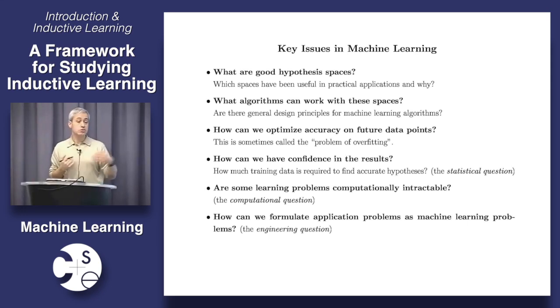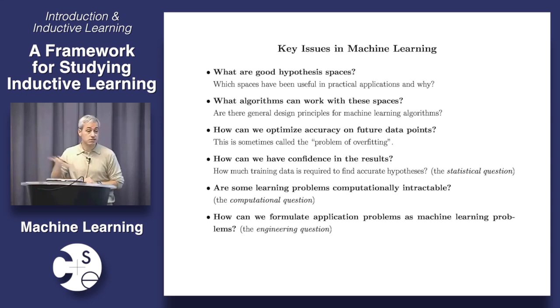Well, one thing to do is to learn from the past. What hypothesis spaces have people used in the past that worked for them? Why do we use decision trees today? Because they've worked very well for a lot of problems in the past, so with any luck, they might work for your problem as well. Are there general principles that we can come up with in designing and choosing hypothesis spaces? There are some, and we'll look at some of them. At the end of the day, however, there's a lot of black magic, art, heuristics, intuition, whatever you want to call it.